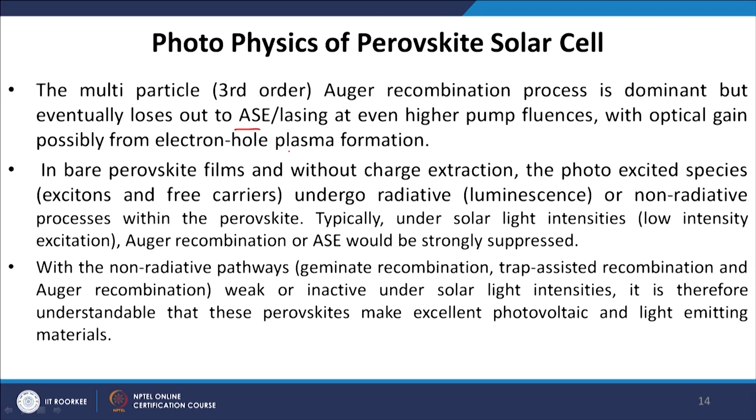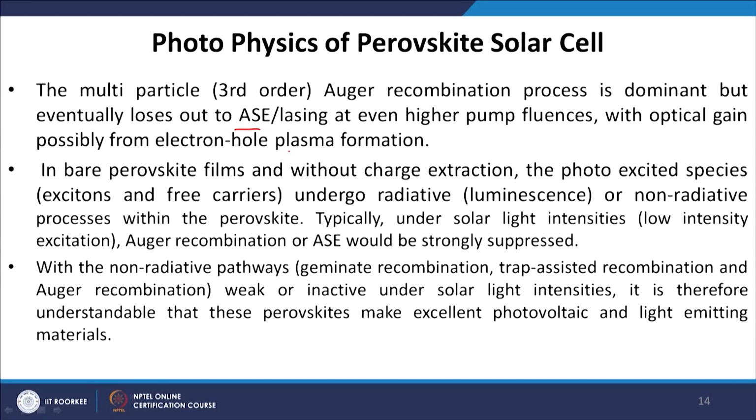Typically, under solar light intensities, at low intensity, exciton Auger recombination or ASE would be strongly suppressed. So, if I use low intensity excitation, then the Auger recombination is not a very strong effect, but if I use high intensity radiation, then the Auger recombination becomes dominant. Experimentally, by doing femtosecond time resolved spectroscopy, one can find out the different components of these recombinations.